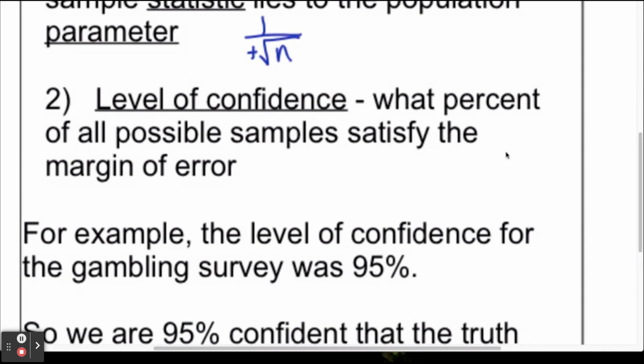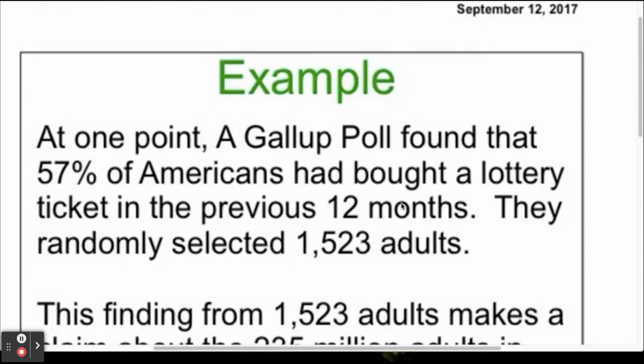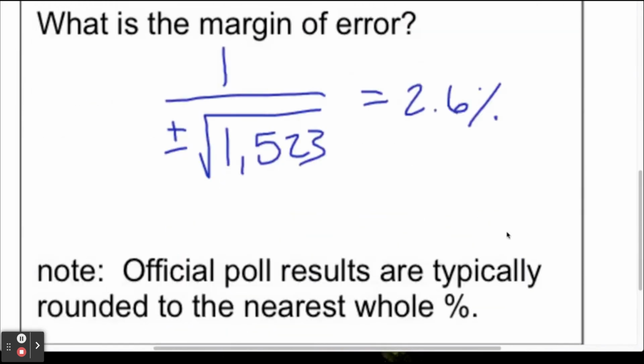Okay. And so I probably should have done this the first time, but just as a reminder, what we can do with the margin of error is this gives us a range. So the statistic that we found was that 57% of Americans have bought a lottery ticket in the last 12 months. What the margin of error tells us is that that statistic for the whole population is estimated to fall somewhere between 54.4 and 59.6%.